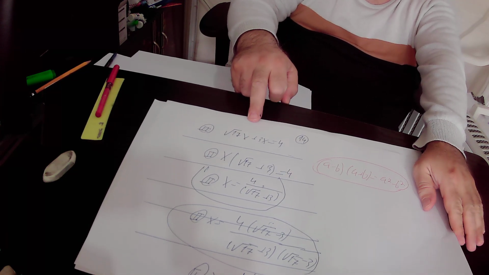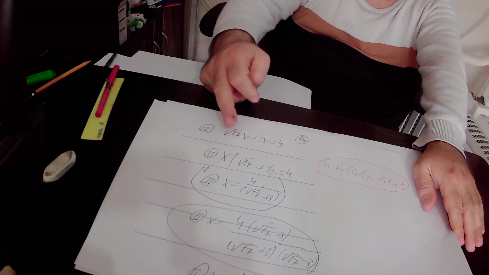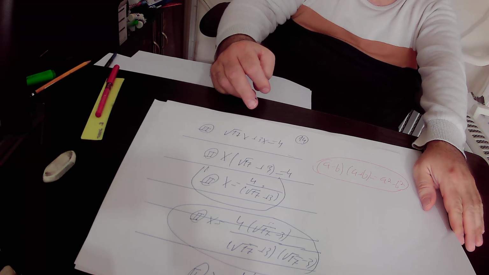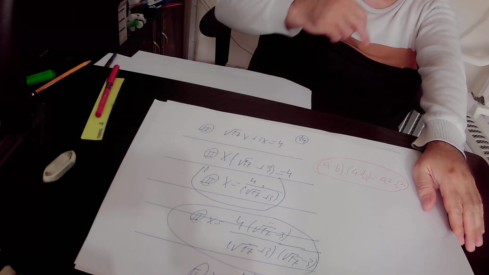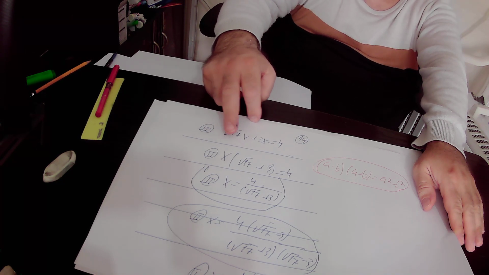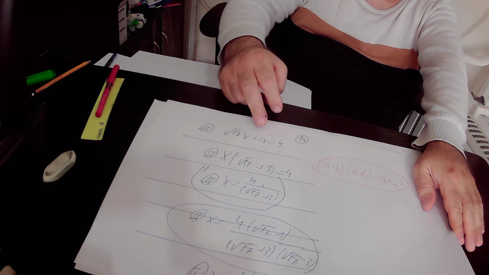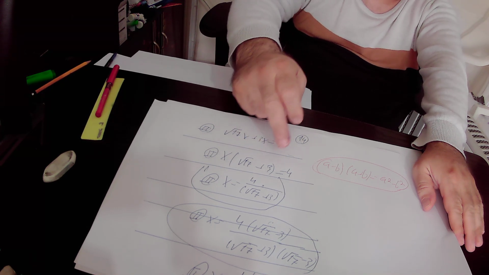Here we took a common factor x out of these two expressions, and we got that x times (square root of 17 plus 3) equals 4. We divided by square root of 17 plus 3, and we found that x equals 4 over square root of 17 plus 3.